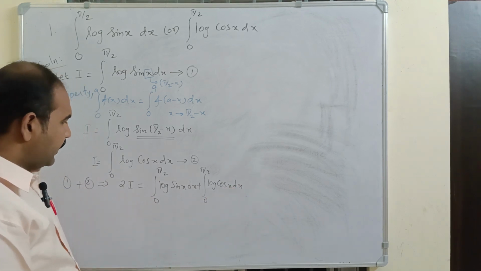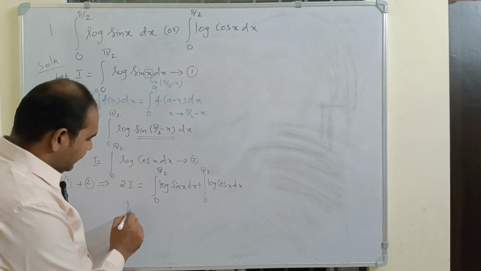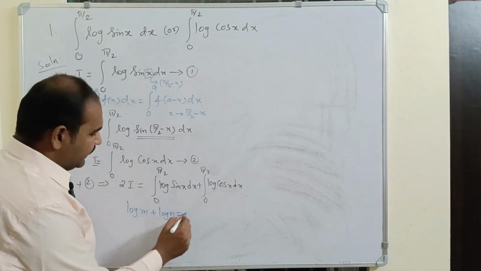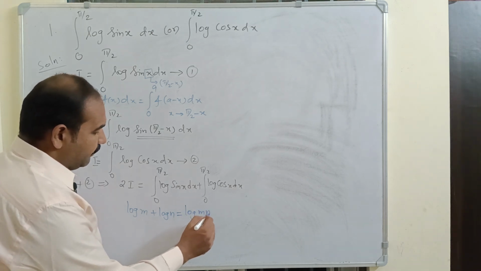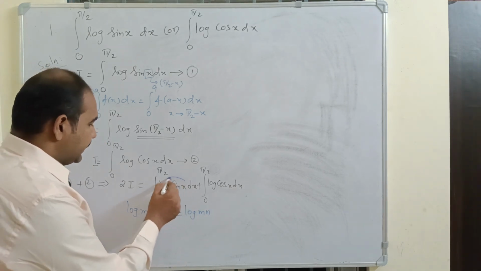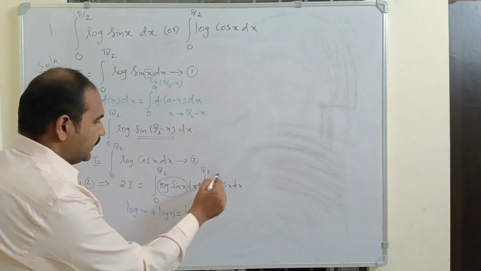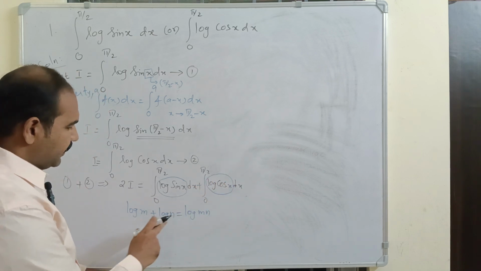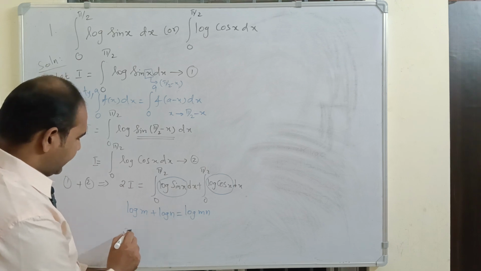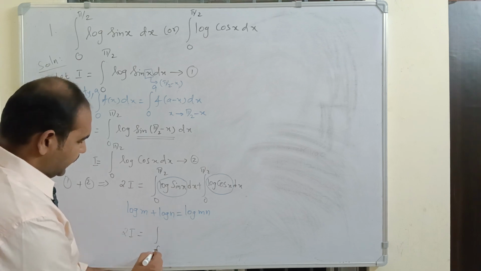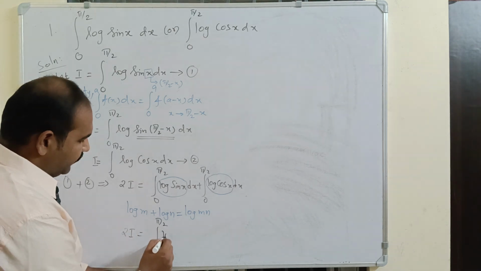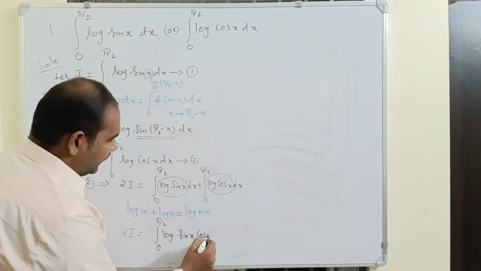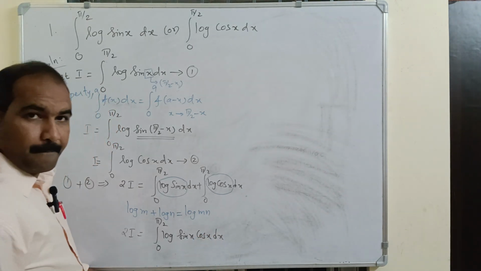Now here we are going to apply the formula log m plus log n is equal to log mn. We get 2I is equal to integral 0 to pi by 2 log of sin x cos x dx.